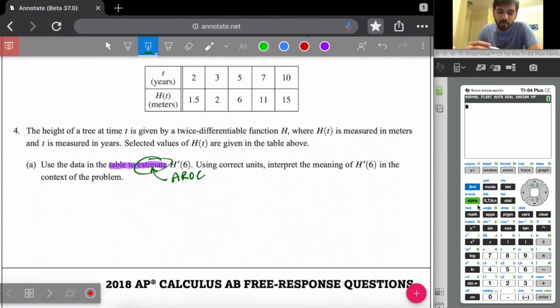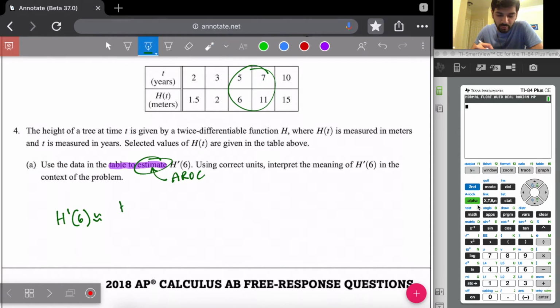So the way we would write our work out for this is we would write that h prime of 6 is approximately equal to, since this is an estimation, I'm going to use the squiggly equal sign here. And average rate of change, if you look on your study guide, the first box, rise over run, y2 minus y1 over x2 minus x1, and we're looking around the value t equals 6.